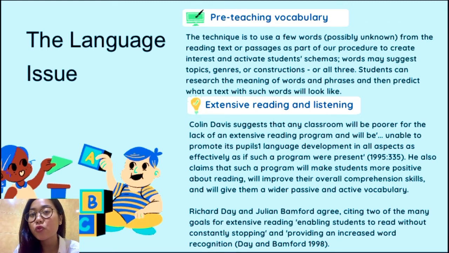The technique is to use a few words, possibly unknown, from the reading text as part of our procedure to create interest and activate student schemas. Words may suggest topics, genre, or construction, or all three. Students can research the meaning of words and phrases and then predict what a text with such words will look like.